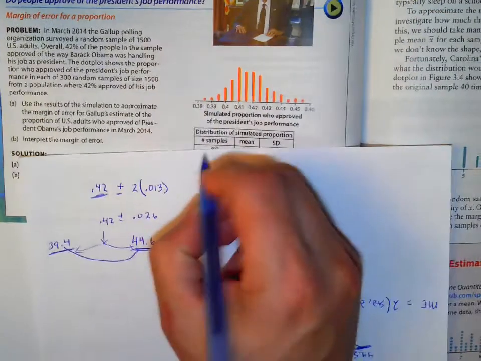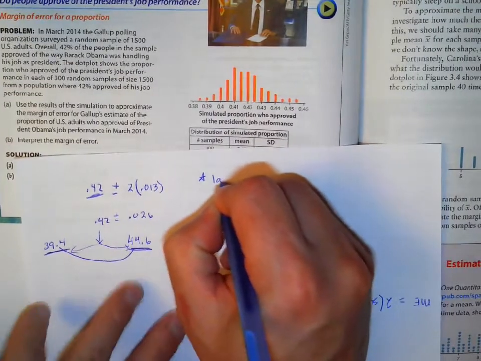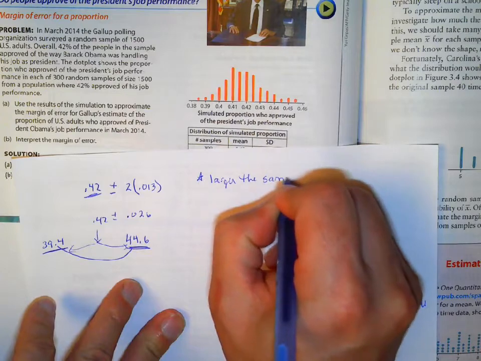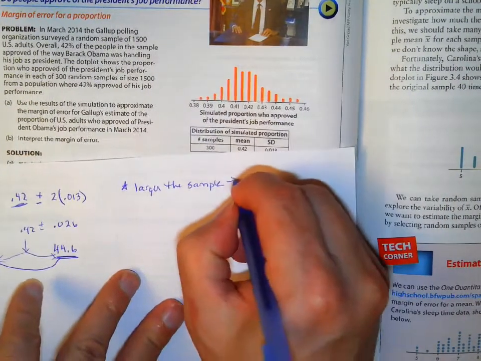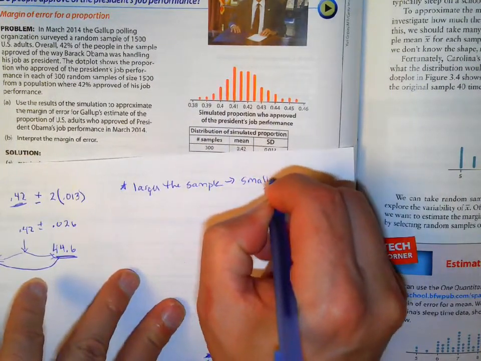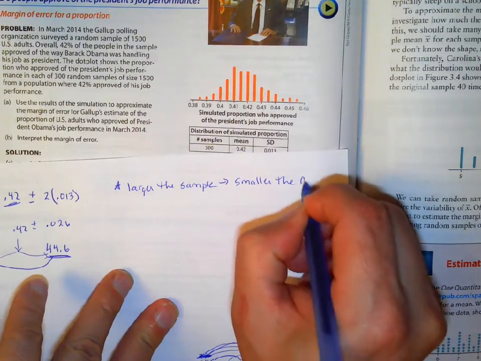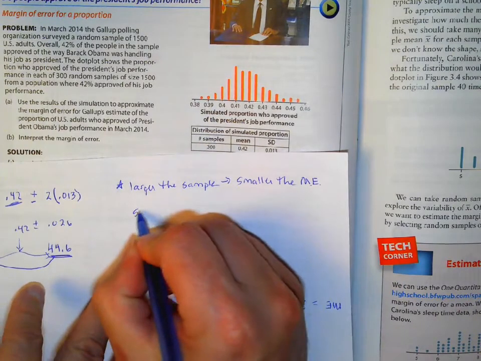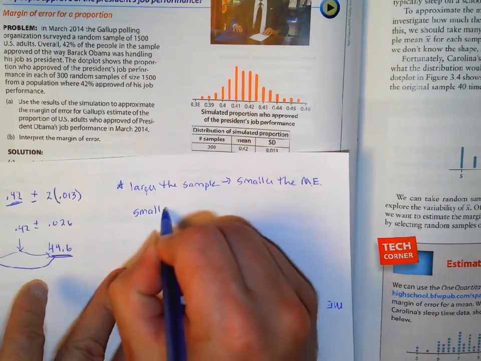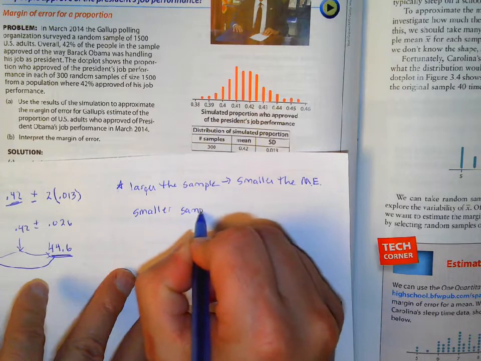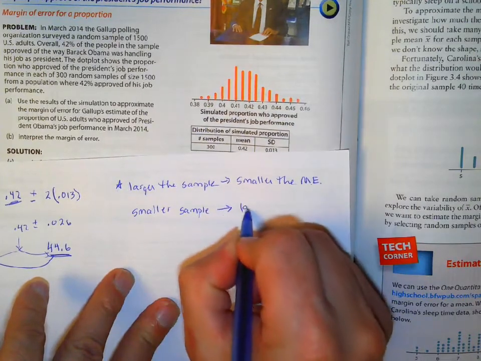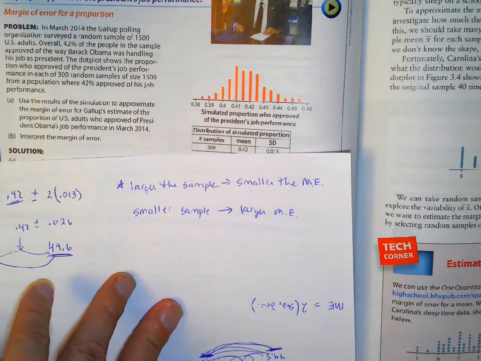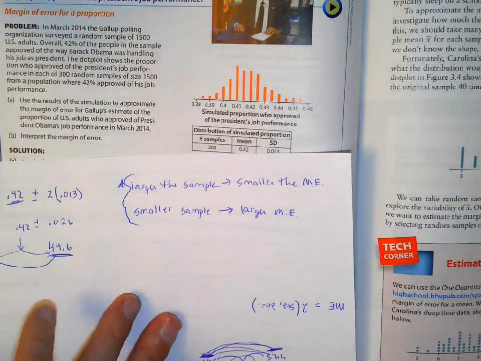So another important point here: the larger the sample, the smaller the margin of error. And vice versa. If I take a small sample, it gives us a larger margin of error. So that's something that you should definitely have there.